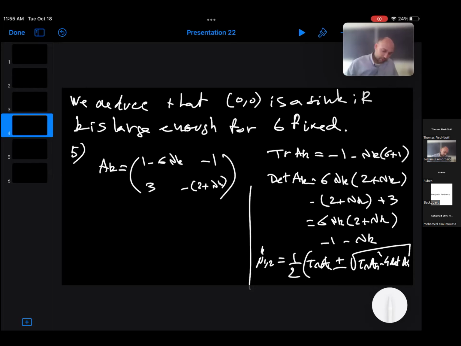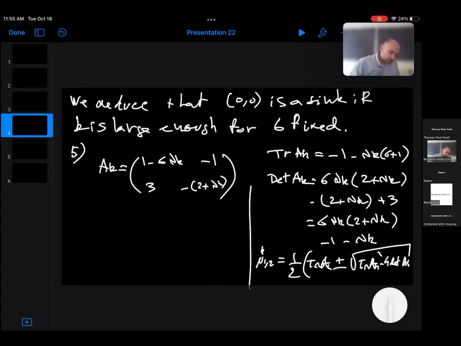But let's look at what is occurring. If the determinant of A_k is positive, the (0, 0) is a sink. Okay, this is classical. Now, if the determinant of A_k becomes negative, then I have a saddle.